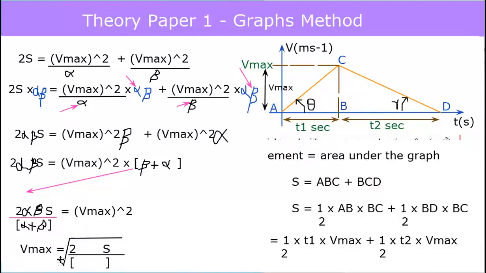So we have obtained the answer successfully, even using the graphs. 2 alpha beta s divided by, whether it is alpha plus beta or beta plus alpha, no difference. That's it. This is what they have asked us to prove. So this is how we prove the maximum velocity obtained by the graph.